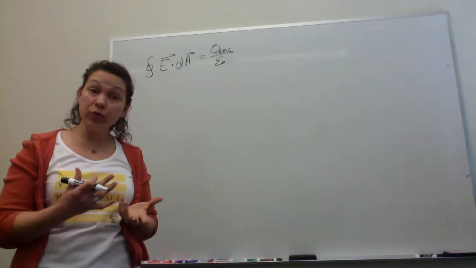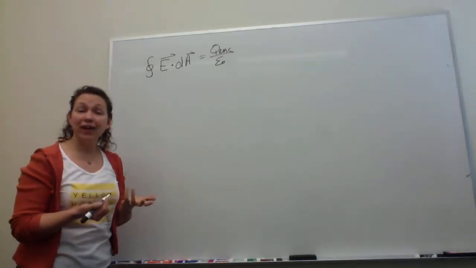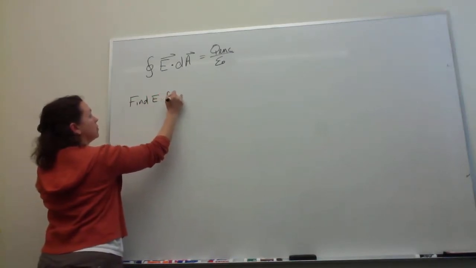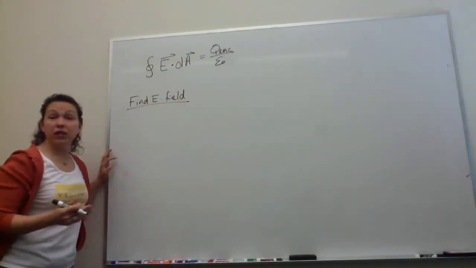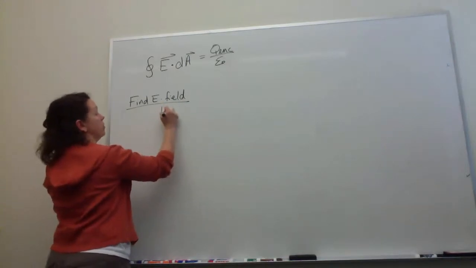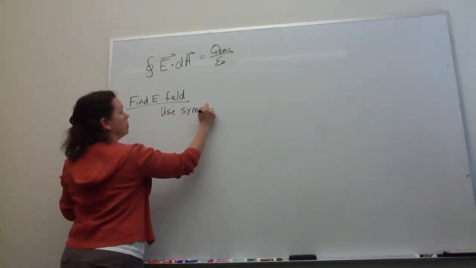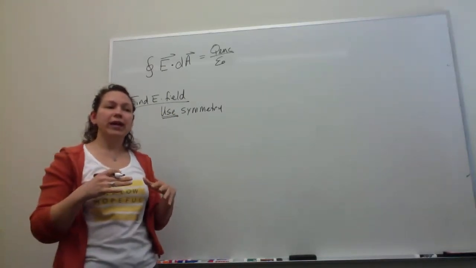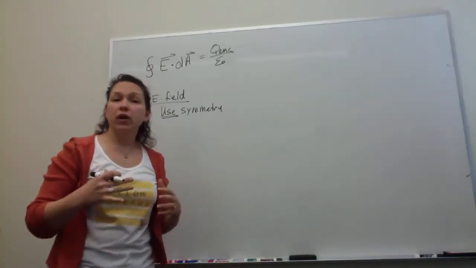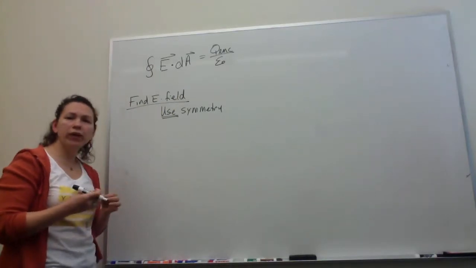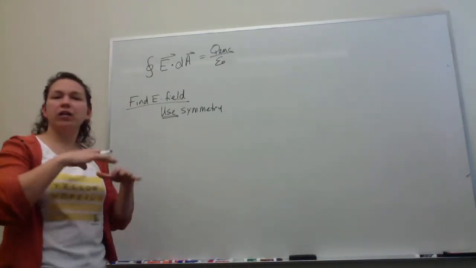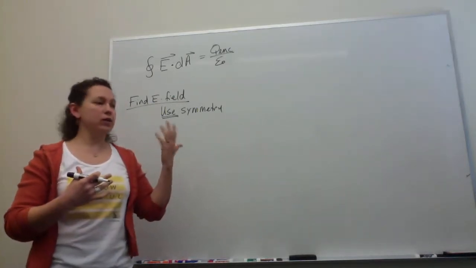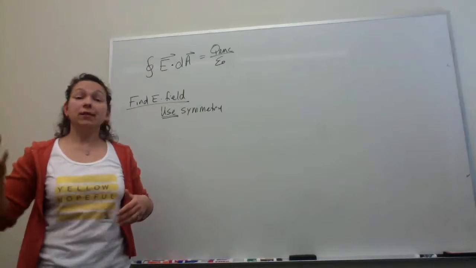Now, how we use it to find the electric field is that we use the symmetry. We do that by looking at the symmetry of our charge distribution, whether it's a point, a line, some kind of spherical shell or a solid sphere, whether it's a conducting material or an insulating material.